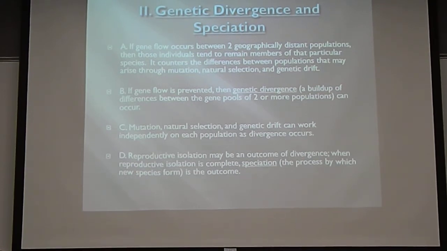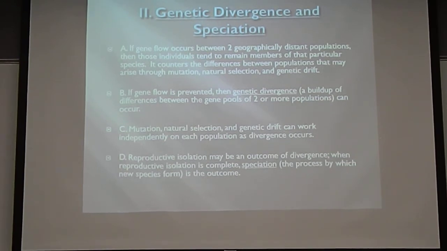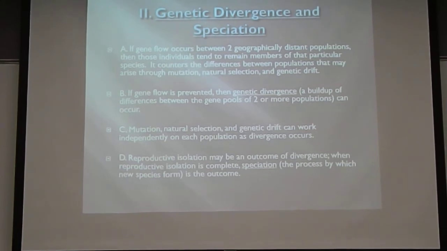Over long periods of time, if we do not allow the eastern and western coyotes to mix, genetic divergence occurs in the gene pools, and at some point each of those populations will become reproductively isolated.